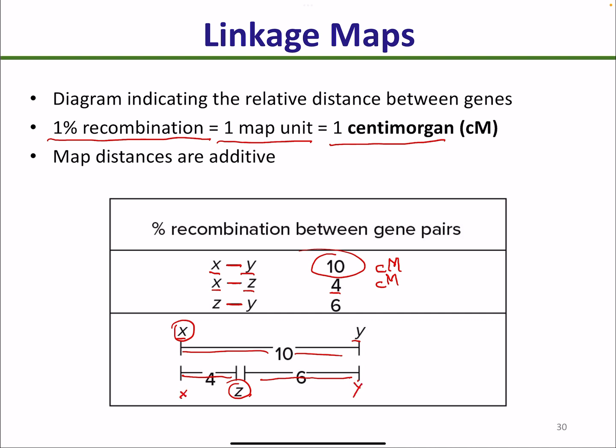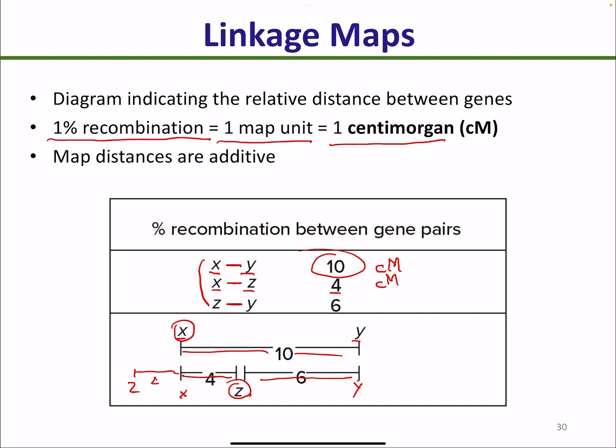All right? So looking at this is very important, because if we are not cautious, we may say, for instance, that Z is located right here, which Z could very well be, right? Because the distance between X and Z is 4.